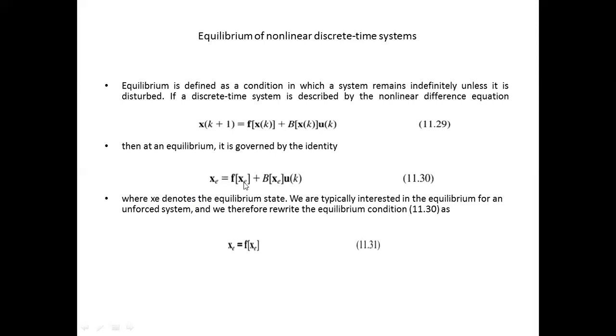So x equals f of x plus v of x ut, and as I have said, the equilibrium concept of a system comes when there is no input. Here you are typically interested in the equilibrium for an unforced system. Unforced means when there is no input, uk is 0. So x equals f of x.